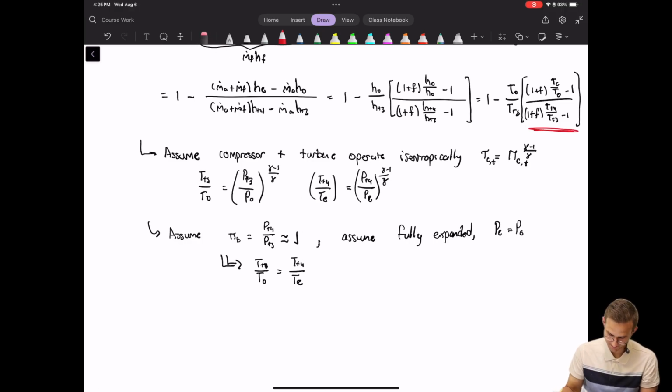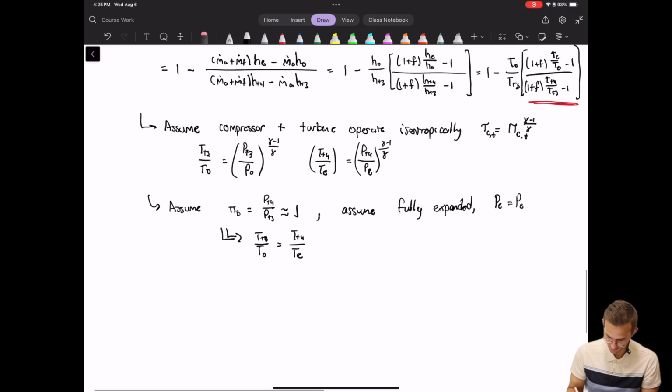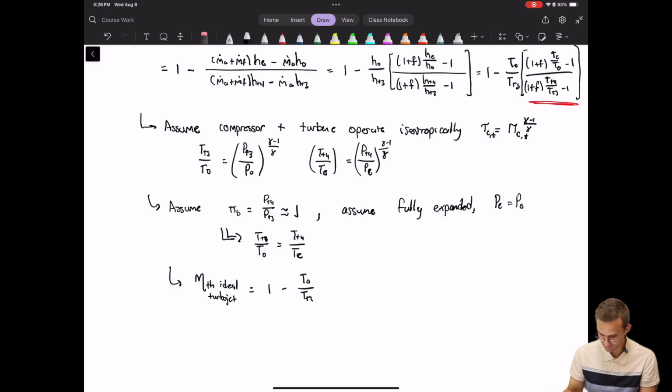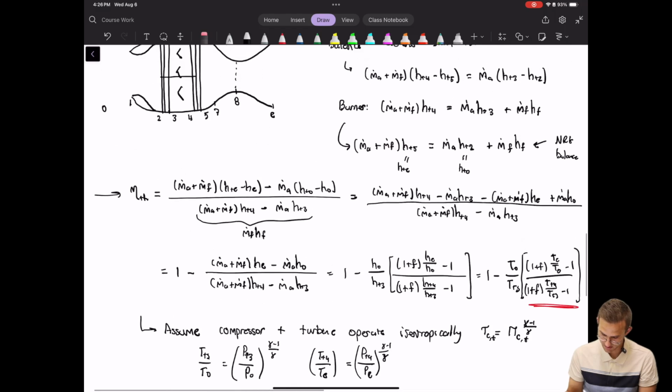Everything cancels. And so the thermal efficiency of the ideal turbojet is equal to 1 minus T naught over TT3. So the temperature entering the burner.